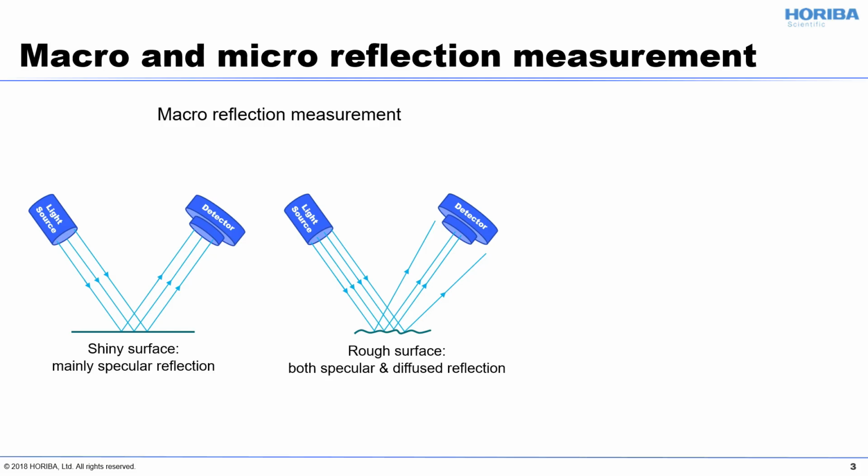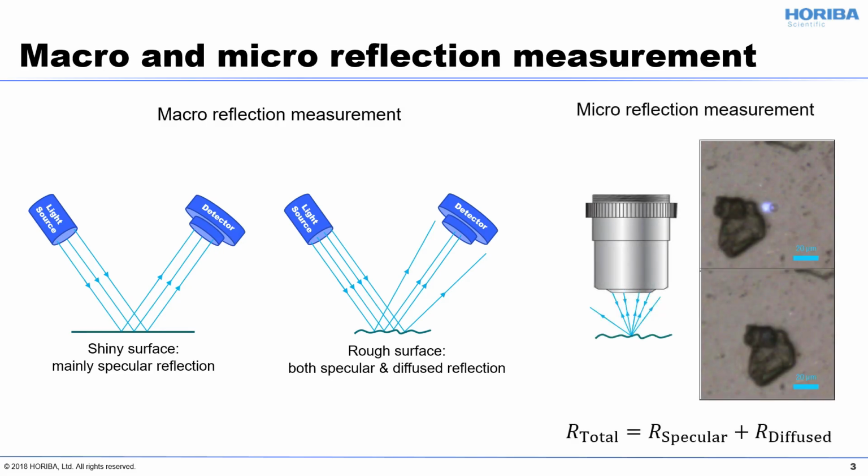In this case, we need to introduce other techniques, such as a detector mounted on a goniometer or an integrating sphere, to collect the scattered reflection. So in micro-reflectance measurement, both specular and diffuse reflection also need to be considered.